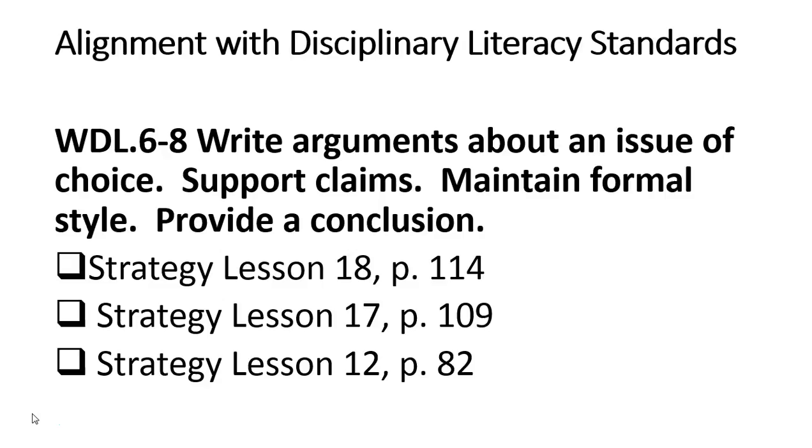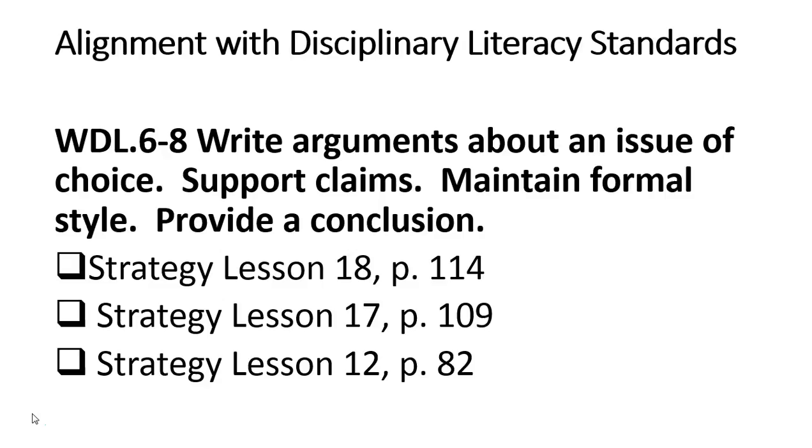And then back to the disciplinary literacy standards. Here's an example of one of them that aligns with what's going on in the text and lessons. WDL 6-8 is an example: write arguments about an issue of choice, support claims, maintain formal style, provide a conclusion.